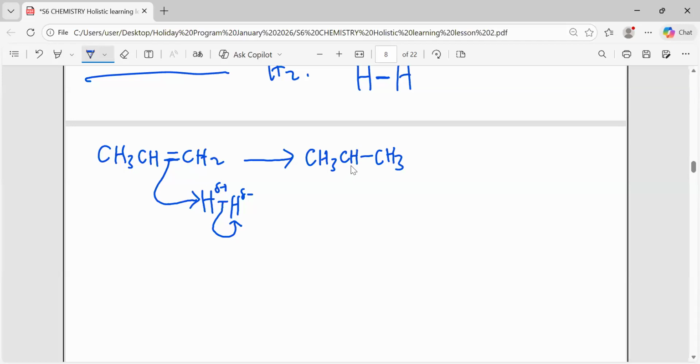So what will happen? This carbon that has one hydrogen will have to gain the hydrogen, this side that gained the other bond, becoming a full electron. But before that, this hydrogen is attaching to this carbon atom.